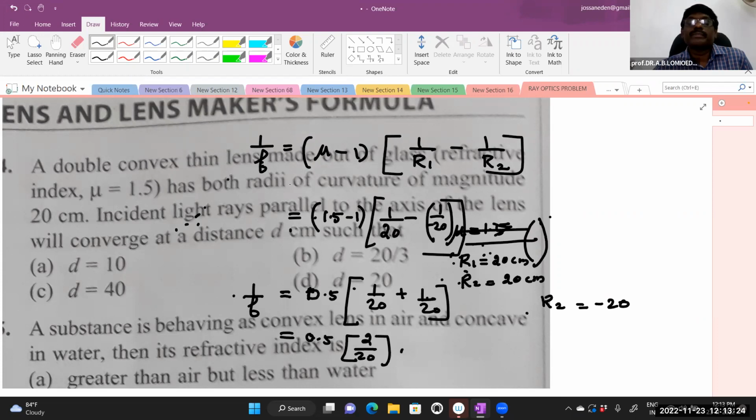Correct? 0.5 into 2, evaluate, 1. Therefore, f is equal to 20 centimeter. That is the answer.